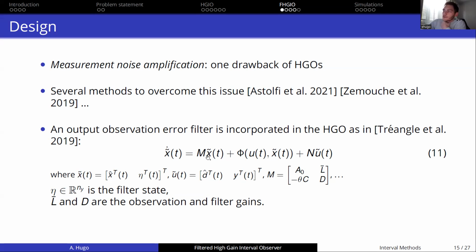Note that in the state matrix, M, here, we have two gains to design, L bar and D. The first one is to deal with the observer dynamics, and the second one for the filter dynamics.